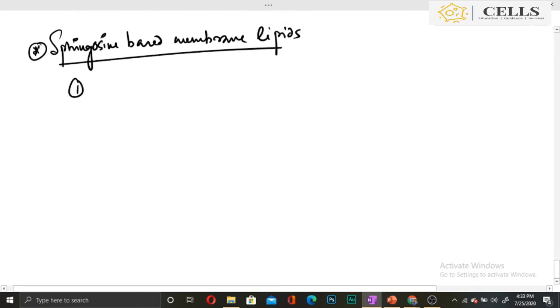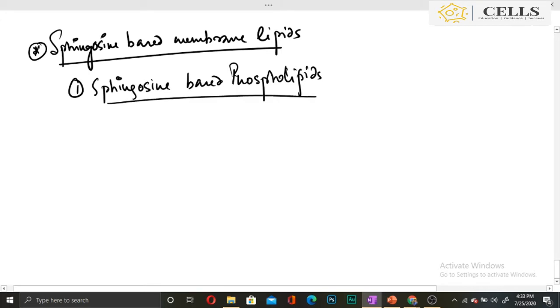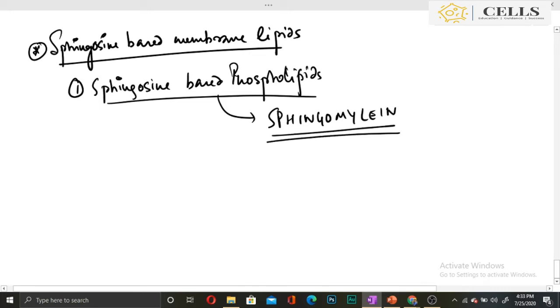First, sphingosine based phospholipids. And the only example you have to know is sphingomyelin. It is an example of the sphingosine based phospholipid.